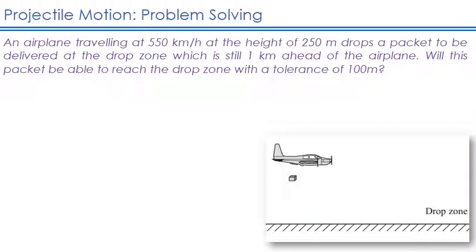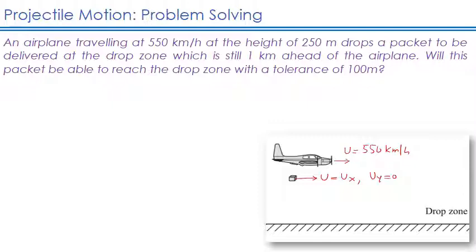This is another example because the aeroplane which drops an object is already flying with an initial velocity of 550 km per hour. It means the box which has been dropped also has the same velocity. So u is equal to ux and uy is equal to 0.